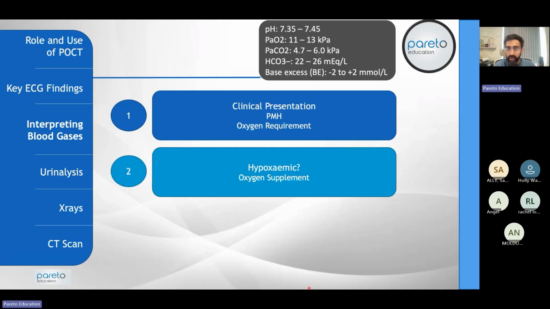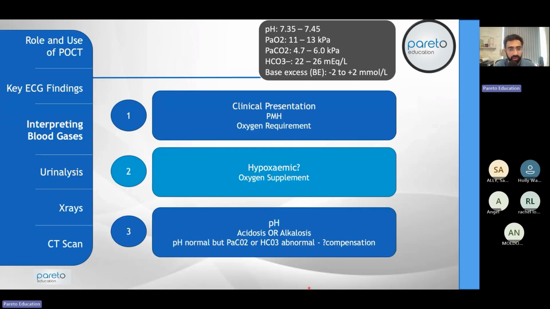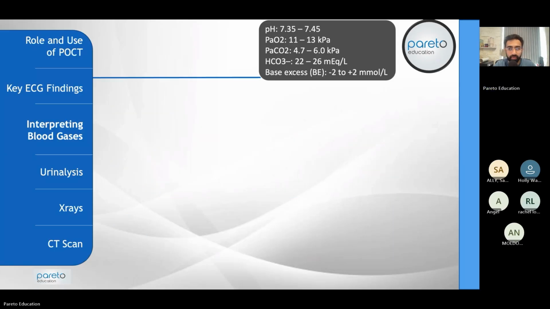The next step would be to look at pH and to decide whether a patient is acidotic or alkalotic. If the pH is normal, but the PaCO2 or bicarb is abnormal, then is there some form of compensation occurring? Then we need to realize that there is a relationship between the carbon dioxide and the pH.